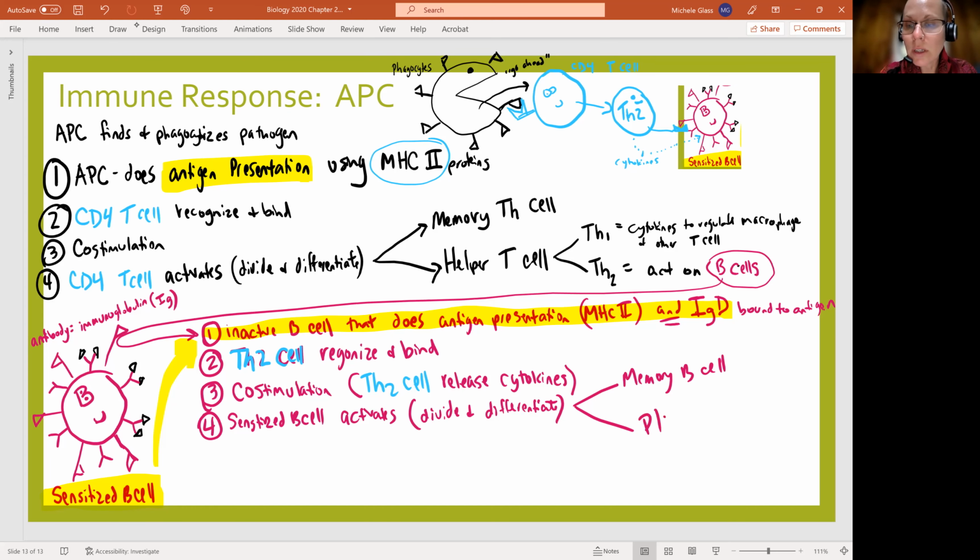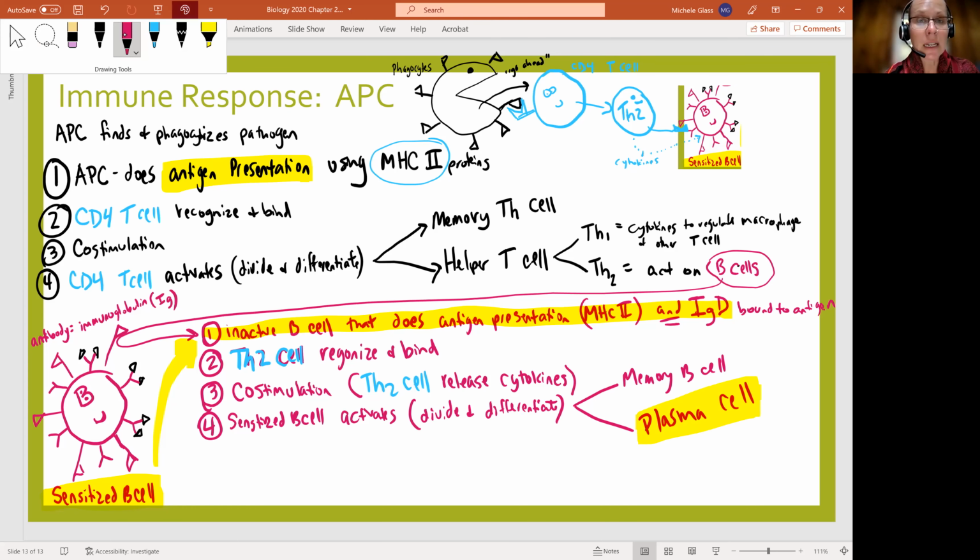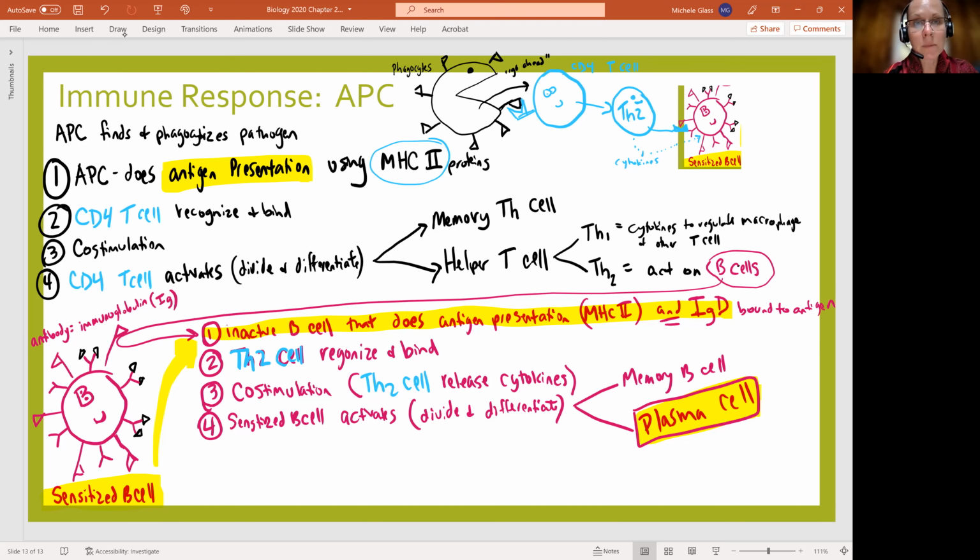And then we're also going to be making a cell here called the plasma cell. And our OpenStax text actually lists a plasma cell as a 4th type of lymphocyte. You might want to do the same thing, but here's the key thing. I'm highlighting the plasma cell. I'm going to put a box around the plasma cell. This is the cell that's going to secrete antibodies, or we can call them immunoglobulins.